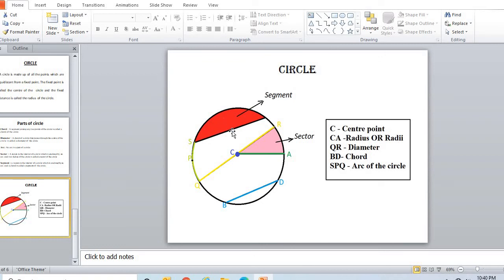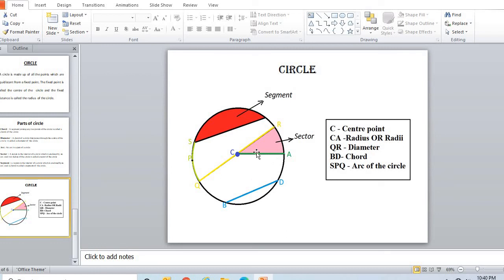A region in the interior of the circle which is enclosed by the arc, from here to here, and chord. This is chord. It is called the segment of the circle. So what is enclosed by an arc and a chord and should be interior, that is called segment of the circle. Understood?